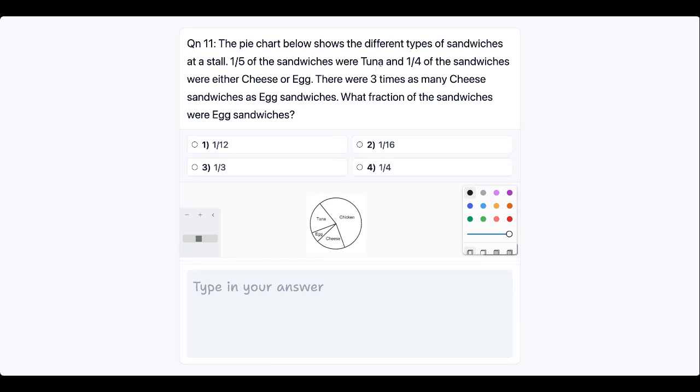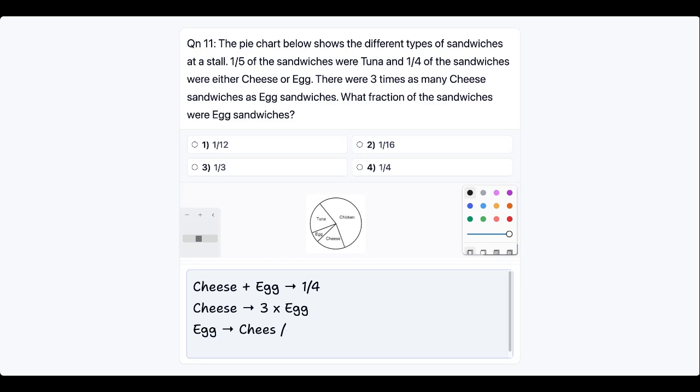So we know that cheese plus egg is equal to one quarter of the sandwiches. And we know that cheese, right, has three times as much as the egg. So that means the egg is equal to cheese divided by 3. That's what we see over here.